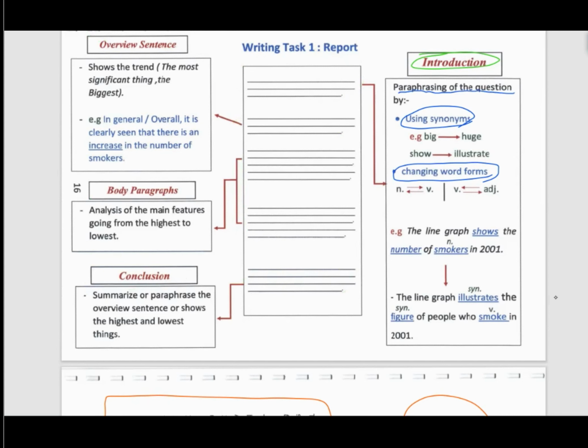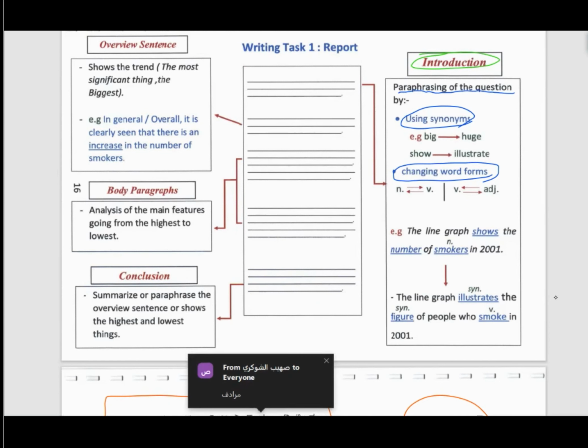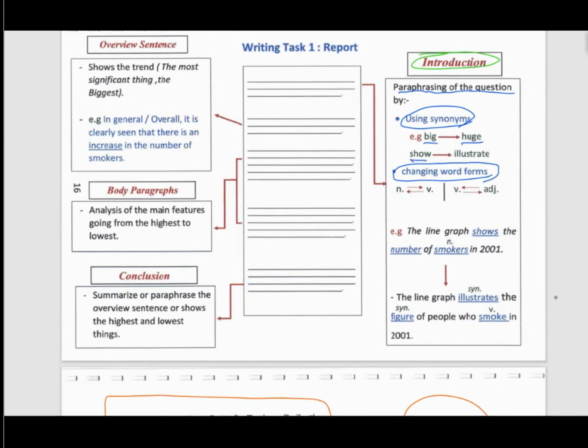Synonyms are words with the same meaning but different spelling. For example, big, huge, large, show, illustrate, explain, represent. These are all synonyms.